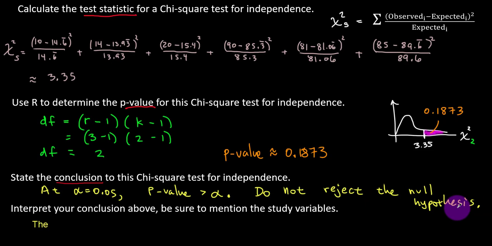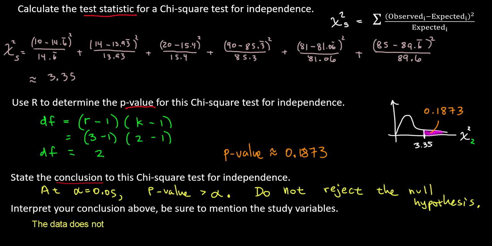As usual, I like to take this very technical statistical terminology conclusion and translate it back into what this study was all about. Here, we are stating a conclusion based on sample data.